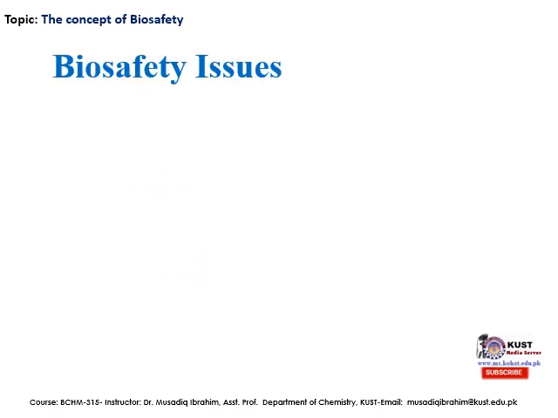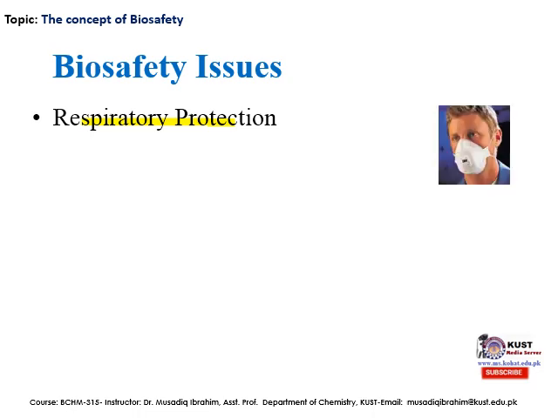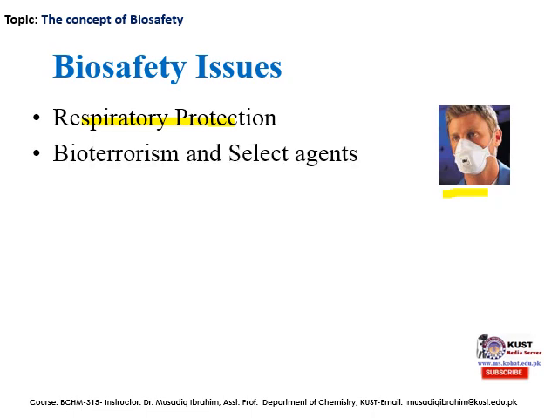Now, continuing the biosafety issues, some of the issues include respiratory protection. Whenever you are working in a BSL 1, 2, 3 or 4 lab, you should be wearing a proper mask, so that the infectious agents should not be inhaled. There is a safety issue of bioterrorism and select agents.